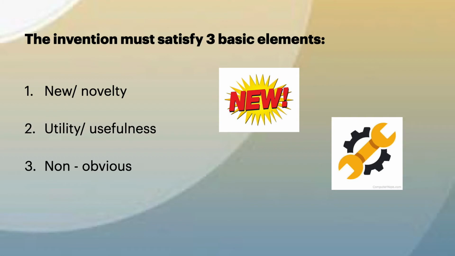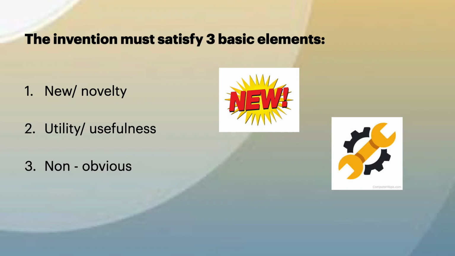Third one is non-obvious. You cannot come up with something which is very natural, or something that somebody has already invented, and you just try to override something over that and say that you have invented it. No, it should be non-obvious. If everybody is getting the idea, if your idea or your work is very common among people, it's obvious, correct?